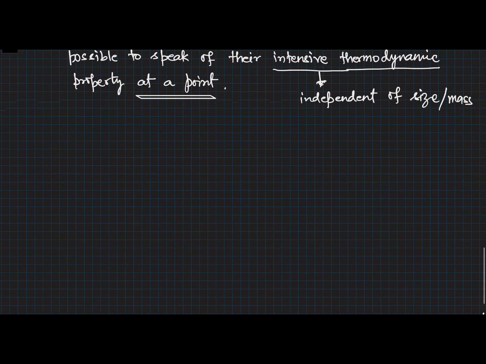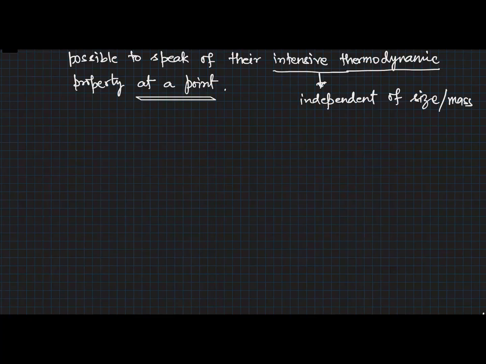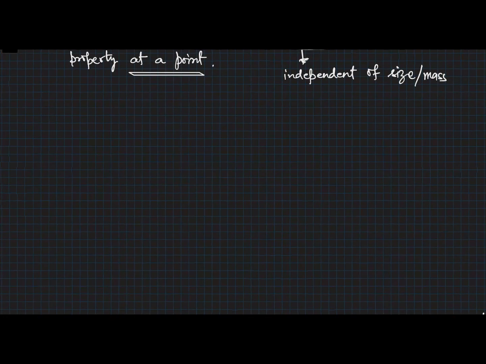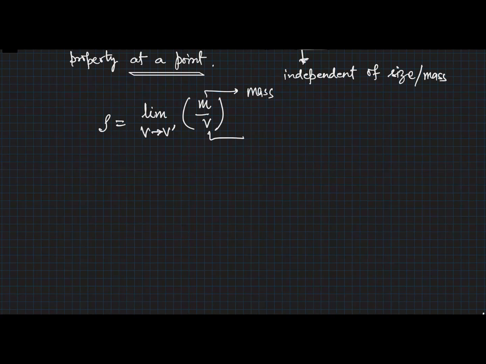Okay, now the definition of density. To define the specific volume, we will see how density is important. So density is equal to the limit, as V tends to V dash, of M over V, where M is mass, V is volume, and V dash defines the smallest volume for which a definite value of this ratio exists.